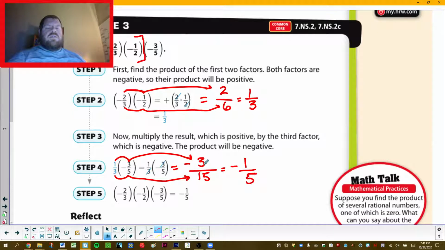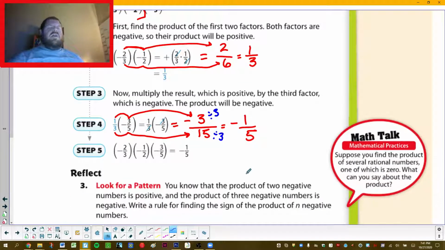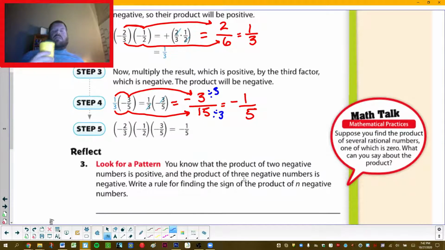They're both multiples of 3, so the way I think about doing that is I'm going to divide this by 3, and I'm going to divide this by 3. And you'll notice I do always put the negative up in the numerator when I'm writing it. A lot of times when you're typing it, it just kind of forces it to be out in front, but I write it in the numerator as much as I can.